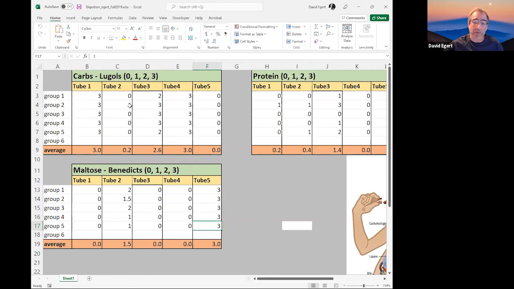One group said a little bit of starch, but in general, it's pretty clear starch is disappearing and maltose is appearing. Whereas in test tube 3, even the people who thought maybe not as much starch still didn't see maltose showing up. So that's telling me that there was no breakdown. So this is nice. Basically, 6 groups did the same thing and all pretty consistently got what we saw in the original example that I showed you in the YouTube video.